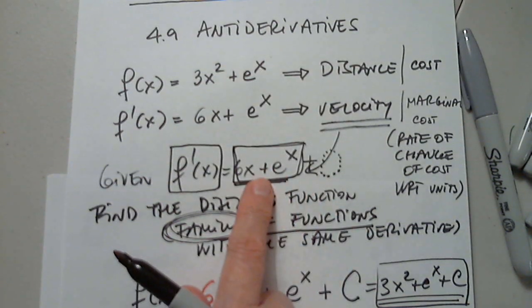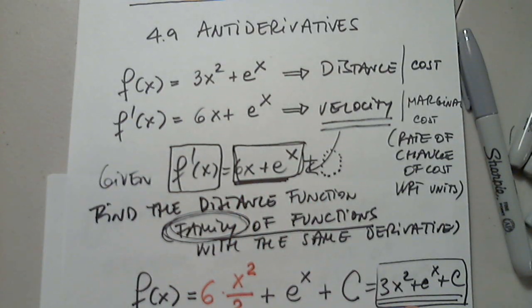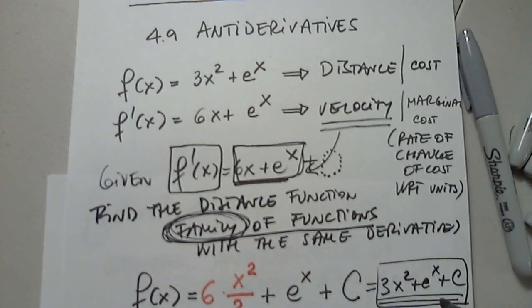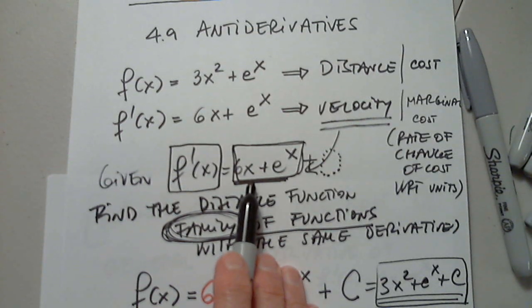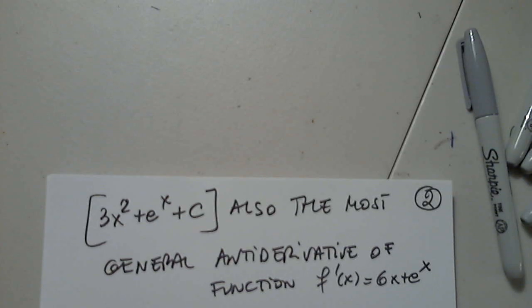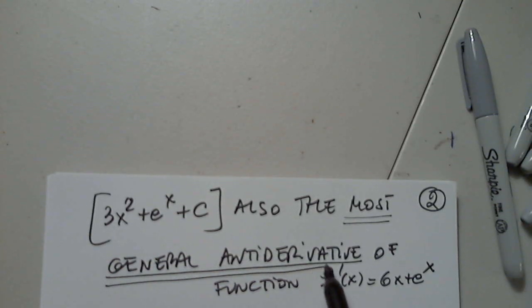If I'm given the rate of change of revenue, I can find the total revenue. Basically, a family of functions, many functions whose derivative is this. All these functions have the same derivative. Also, we learned the expression, the most general antiderivative, meaning going backwards.